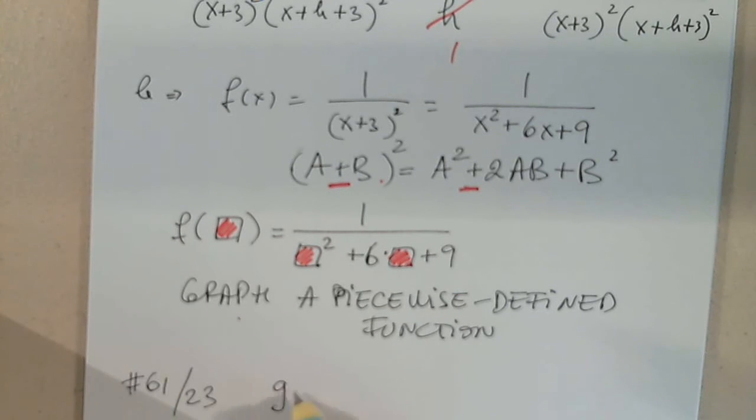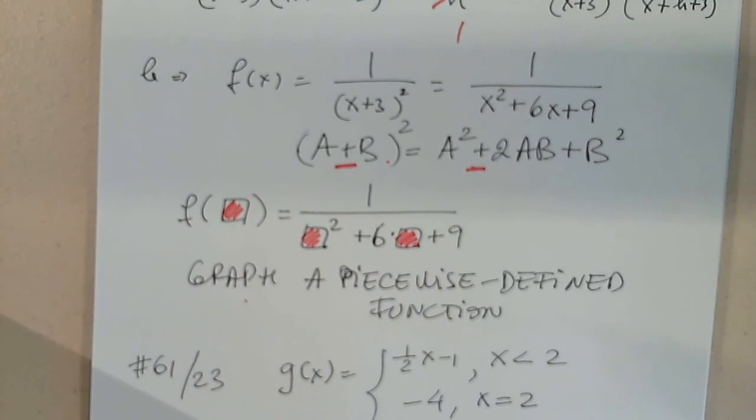We are given a function that is defined in pieces. Actually, it has 3 pieces. The first piece is 1/2 x minus 1, only when x is less than 2. The second piece is -4, only when x is 2. And the third piece is x minus 3, only for x greater than 2.